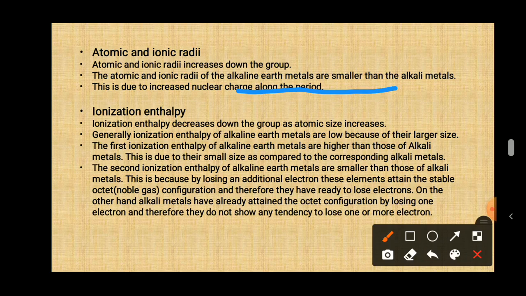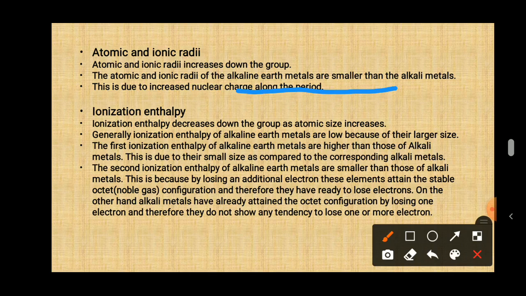Now next, comparison with the alkali metals. I already told that generally the ionization enthalpy of alkaline earth metals is very low because of their larger size. Even alkali metals generally have a low ionization enthalpy because of their larger size.